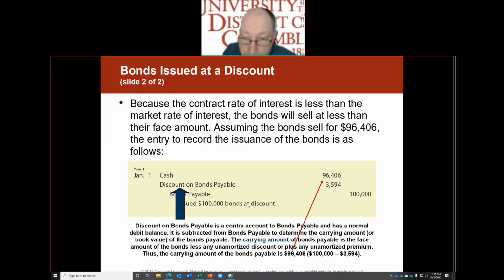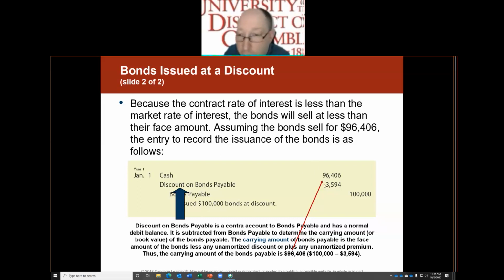Here's the breakdown. We call this a carrying amount, which is the cash that we have received. So the bond payable is $96,406. How we got there: we took the face value and subtracted out the difference, that 1% discount, $3,594. So 100,000 minus 3,594 gives you 96,406.